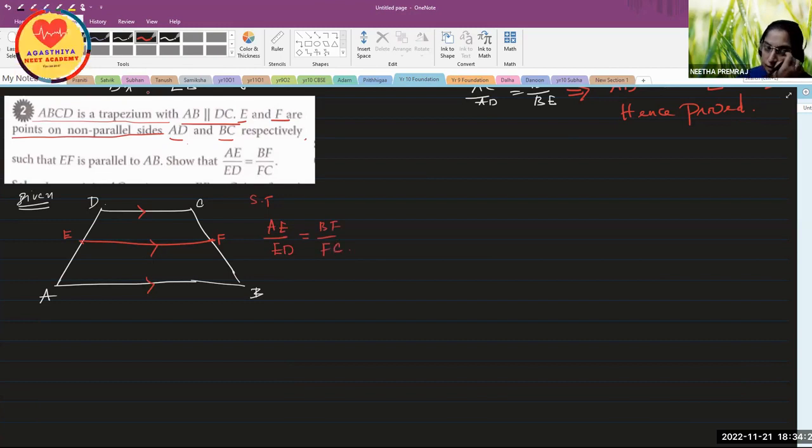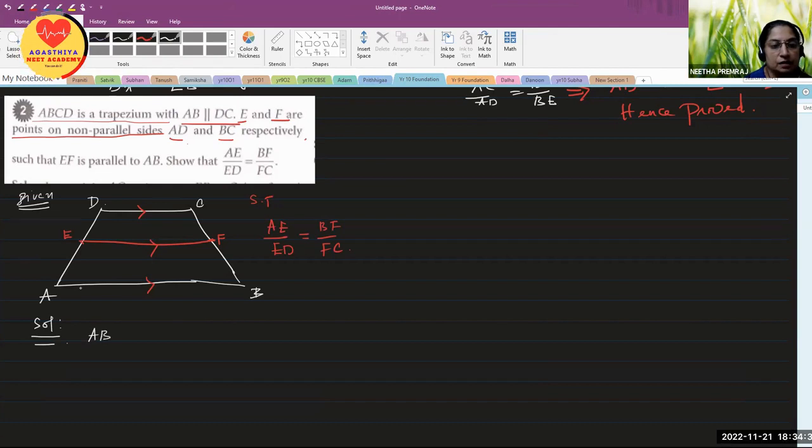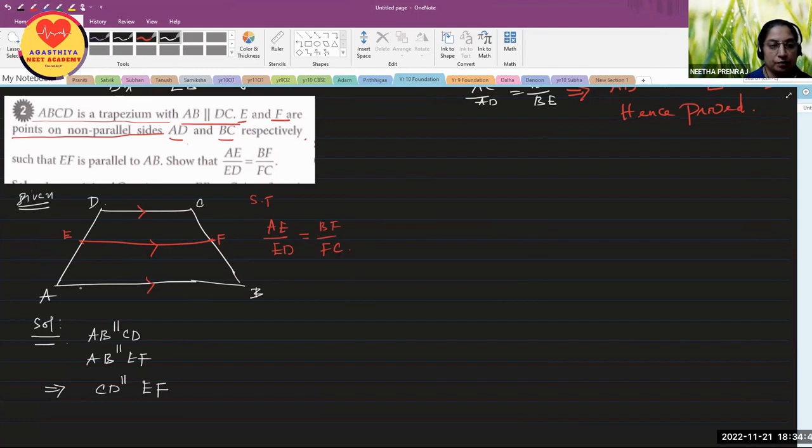So how do we write the solution? One thing is very clear. AB is parallel to CD and AB is parallel to EF, which implies CD must be parallel to EF, isn't it? So all the three lines are parallel to each other.